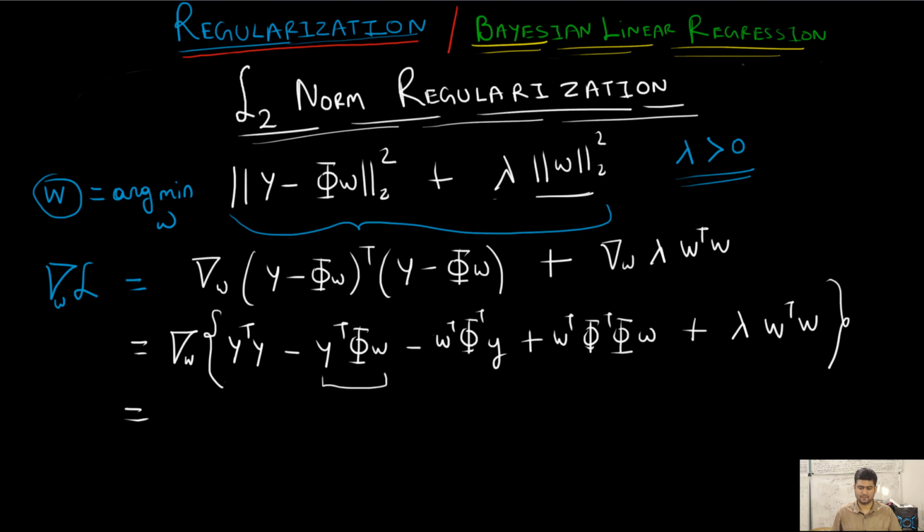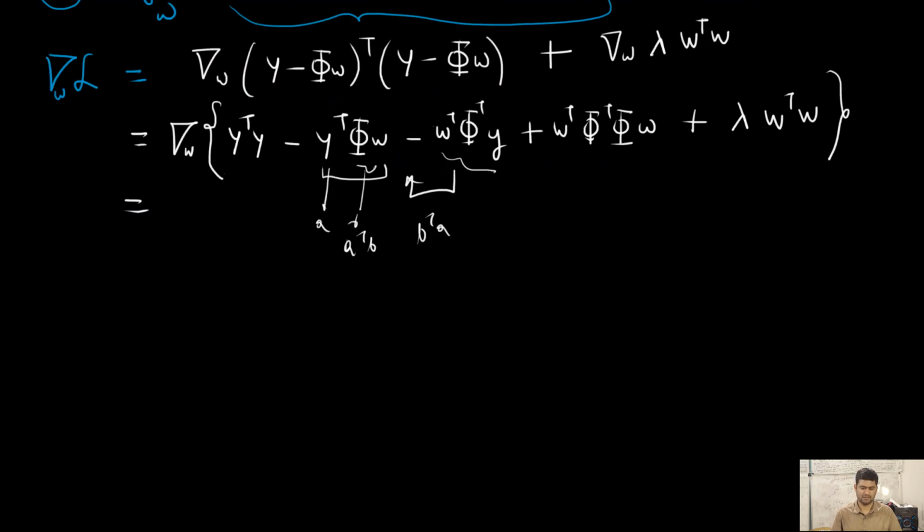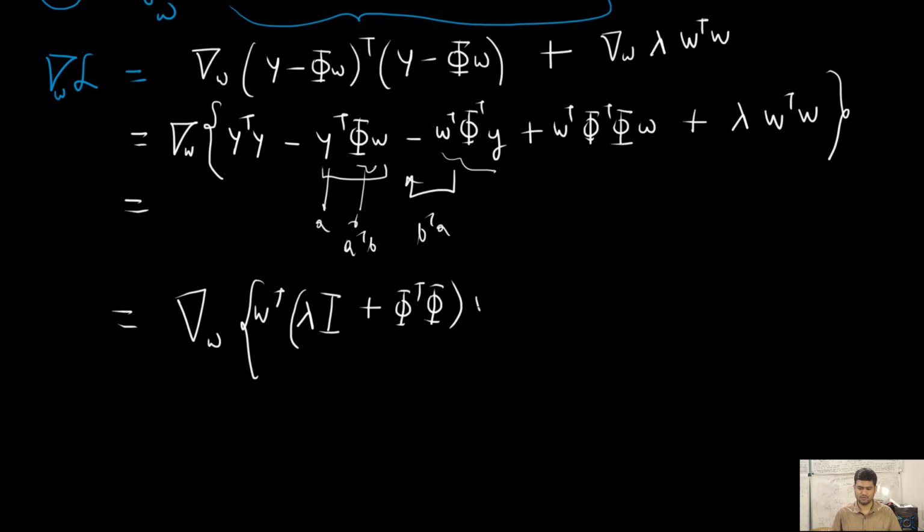So this is a scalar. Listen, this is variable a and this is variable b. We know that a transpose b is the same as b transpose a. So these two terms are exactly the same. So what we get is the gradient with respect to w of w transpose times lambda I, where I is an identity matrix, plus phi transpose phi, times w.